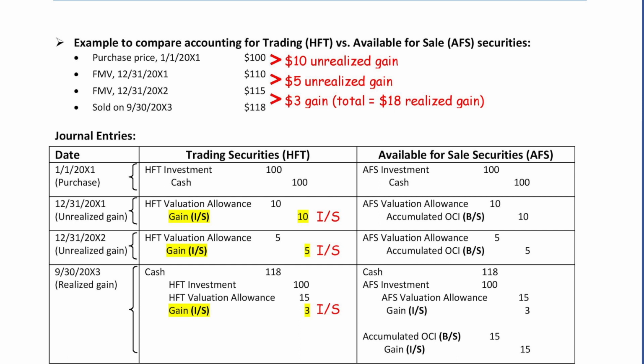As we discussed, that goes into accumulated OCI, and right there, park at balance sheet. So that's not going into net income. That's going into OCI on the comprehensive income statement, which accumulates as accumulated OCI on the balance sheet.